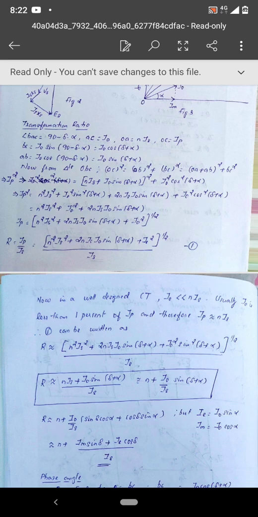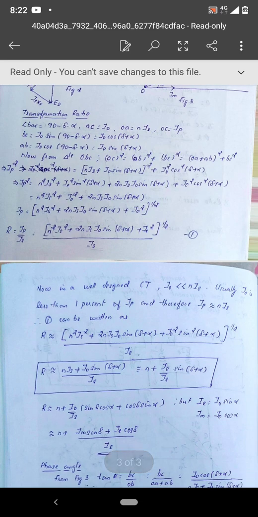From here itself, you can see that there is a ratio error. This is the actual transformation ratio. Ideally R should be equal to small n. But here you can see that the actual transformation ratio of the transformer is n with something added to that n, that is I naught by IS sine delta plus alpha is coming in addition to n. Ideally it should be small n.